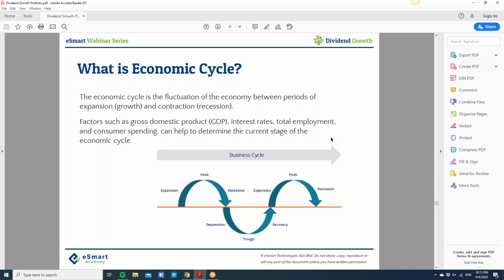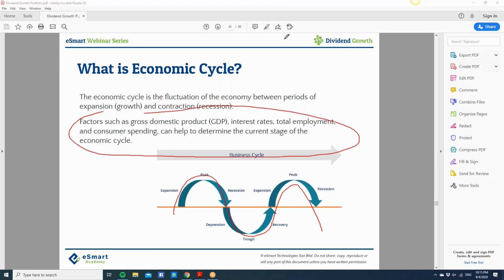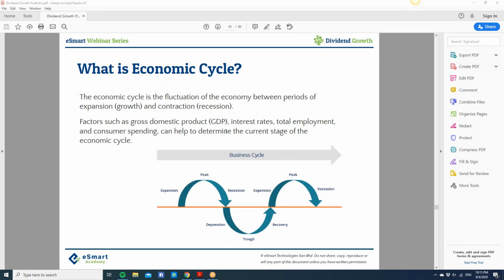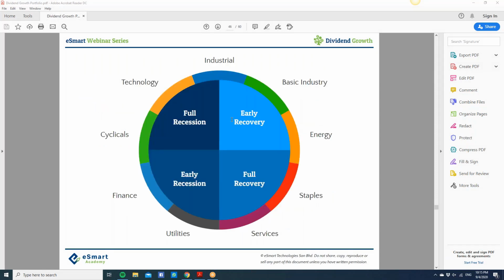The cycle is that we have a very good economy, everything is good, and then eventually we go into a recession, and from recession we eventually recover out of it. You can see over here, this is the business cycle. We have various factors to go through, but the Investing Toolkit has done all this for you as well.